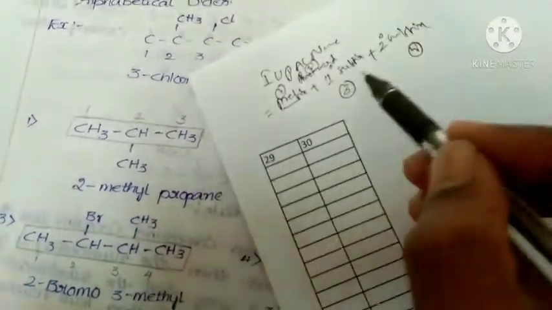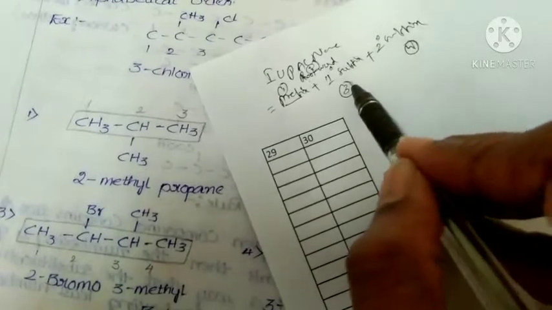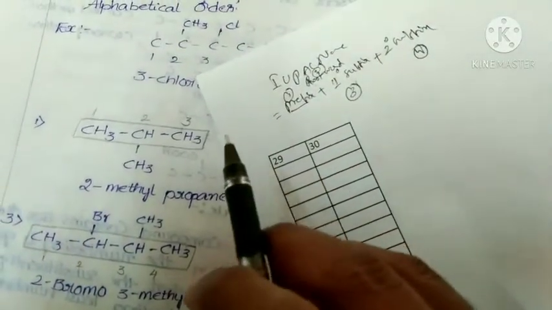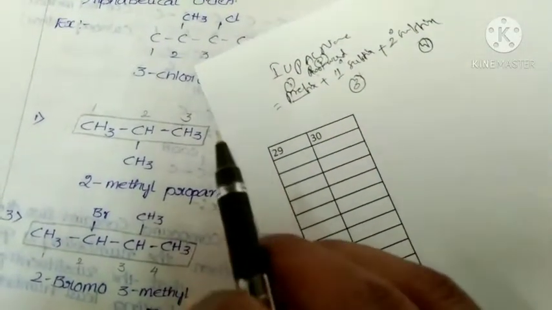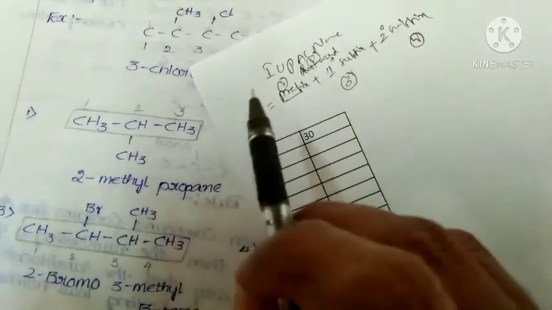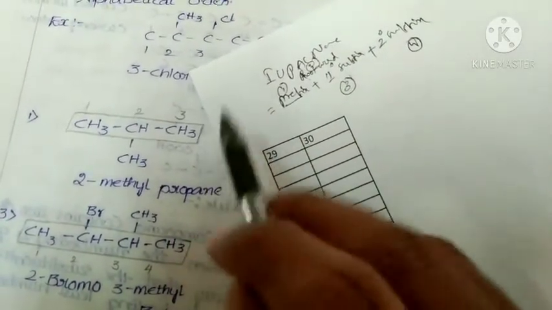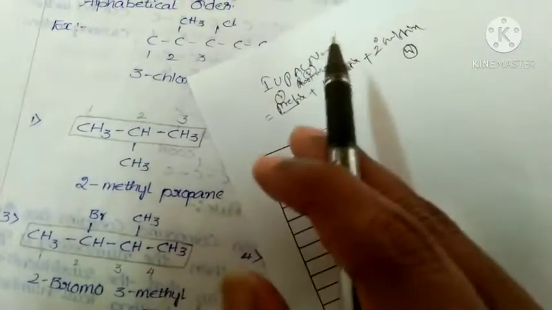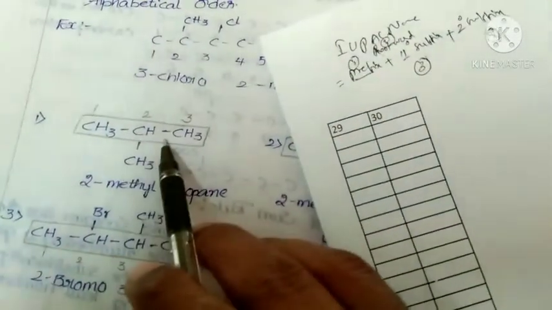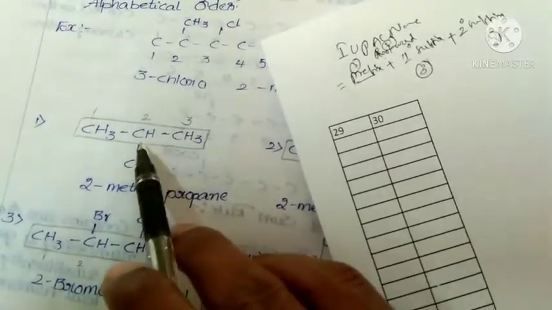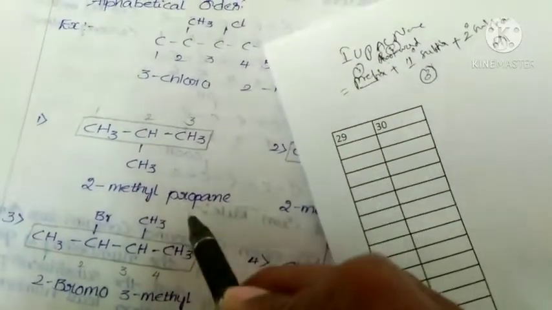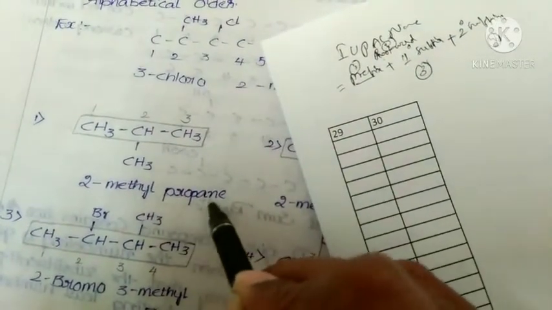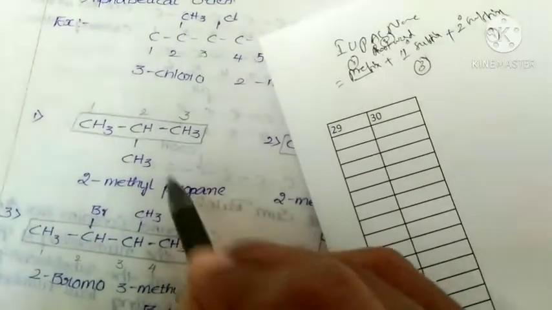Next, the primary suffix. This indicates whether single bonds, double bonds or triple bonds are present. It tells about the nature, whether it is saturated or unsaturated. Here all are single bonds. That means saturated. So when it is saturated, the primary suffix is an.